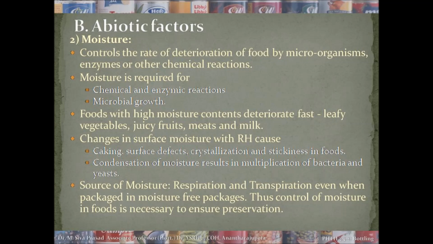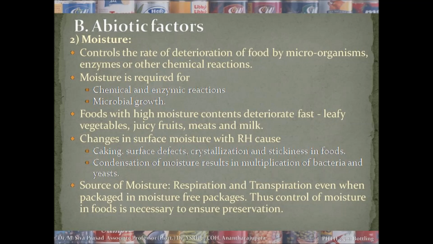The extent to which moisture can be removed from the food is limited, because if you go beyond a certain limit, the food will not be consumed in the way it has to be consumed. Are you able to catch my point? It means to a certain extent the moisture can be removed.